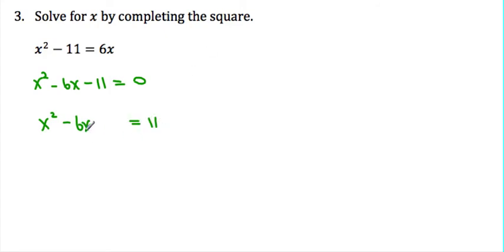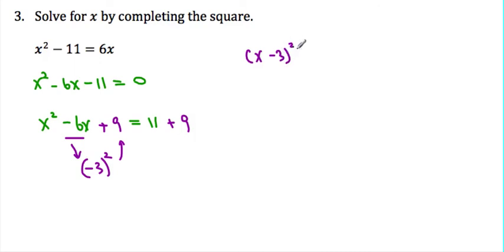Then of course we have to look at the coefficient of x divided by 2, which is negative 3. We have to square that, which is equal to adding 9, and I have to do that on both sides. Then on our left side it becomes x minus 3 squared. On my right side it becomes 20.